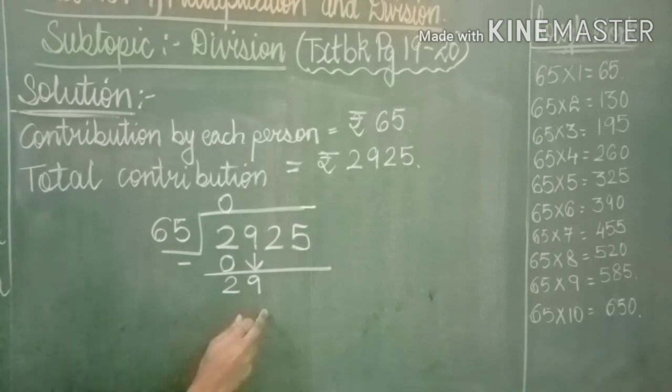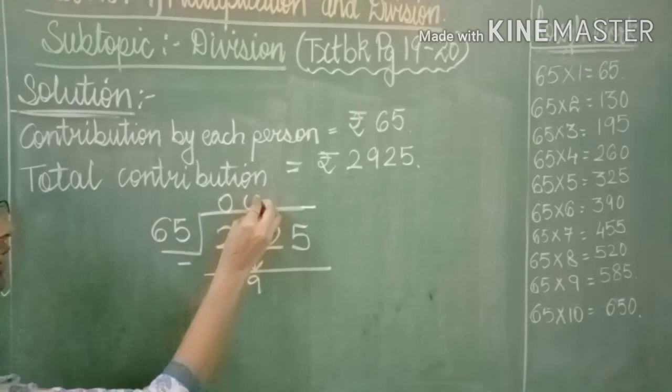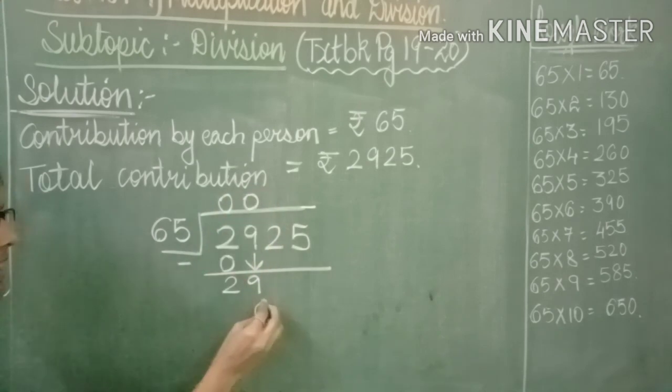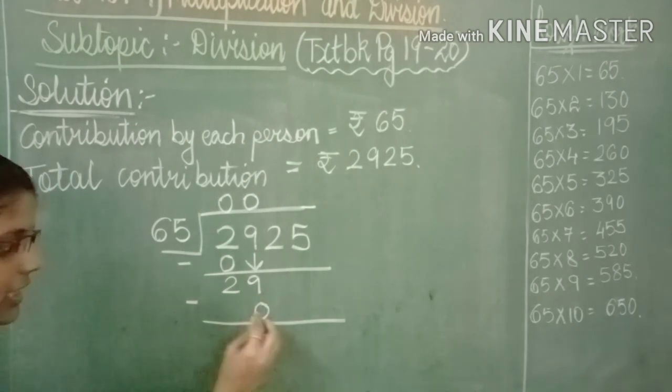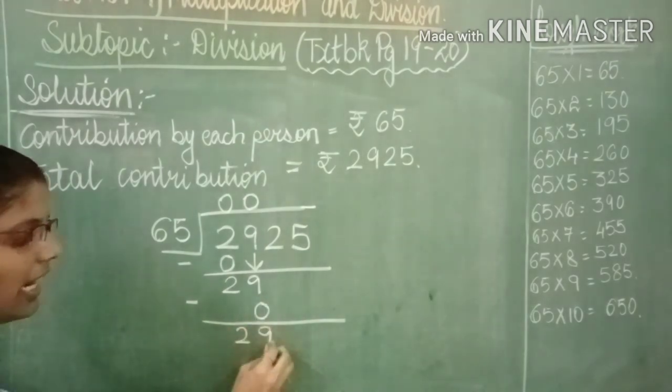So what is the number? 29. As you can see, 29 is a smaller number, 65 is again a bigger number. This is called the divisor. So we have to multiply again 65 zeros are 0, then put a minus sign, and then write the answer as 29.